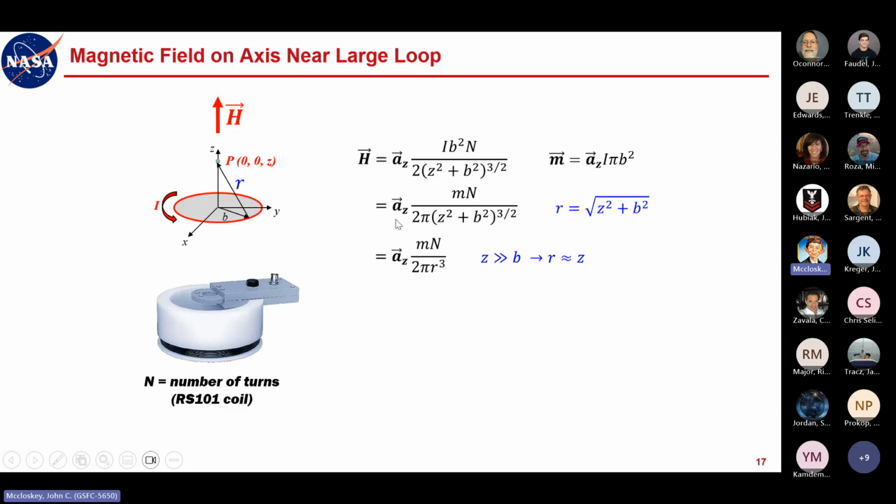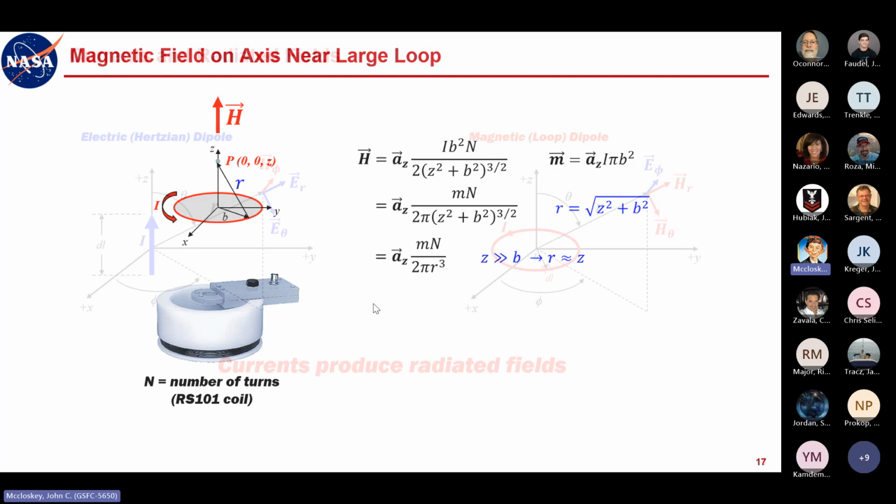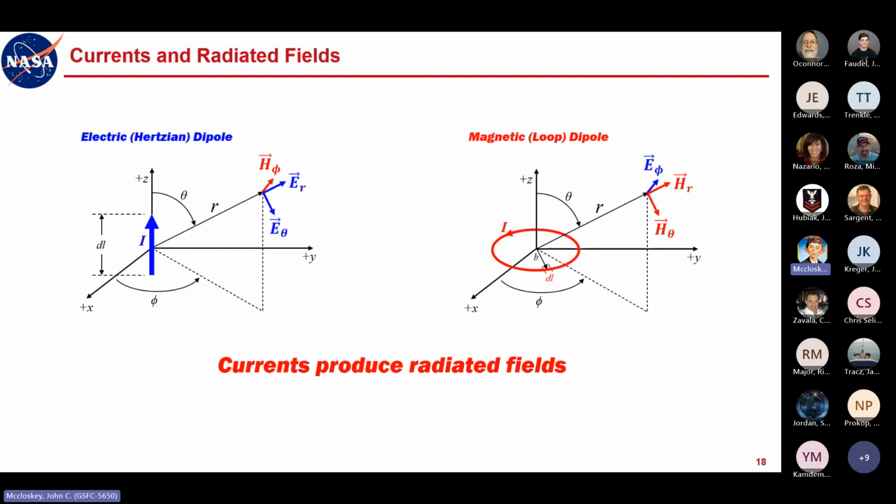I just kept this in here for reference, but this says that right near a loop, you will have a very strong radial component of the magnetic field along the axis. And that's really what twisted pairs are addressing. We'll get back to that here presently.